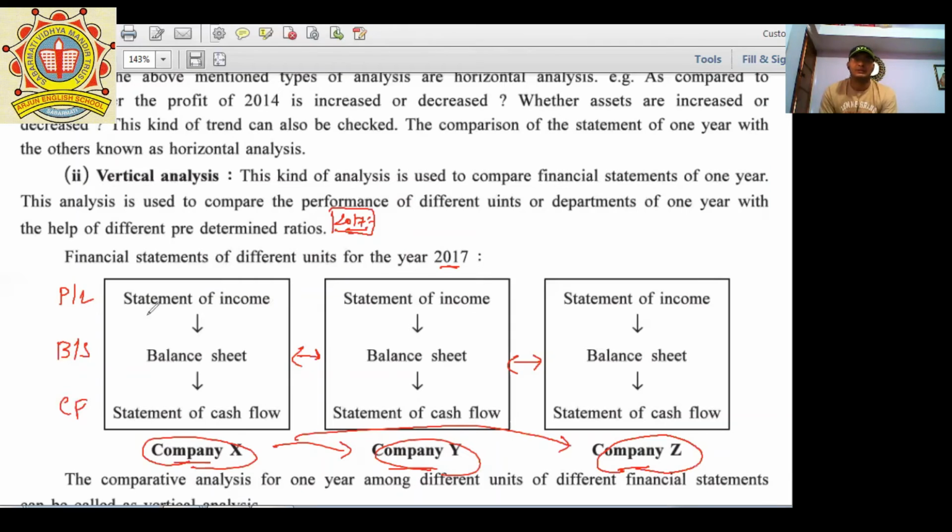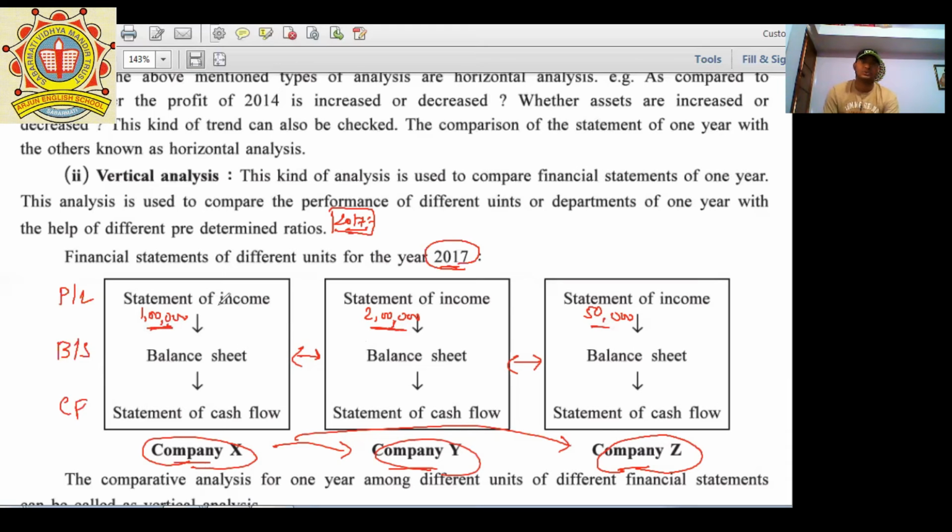In P&L account, there is a profit of 1 lakh for company X, 2 lakh for company Y, and 50,000 for company Z. So here it is the base year, that is 2017, we can say that the minimum profit between these three companies is 50,000, means company Z has a poor performance, and very highlighted performance for company Y, that is 2 lakh, and middle performance for company X.